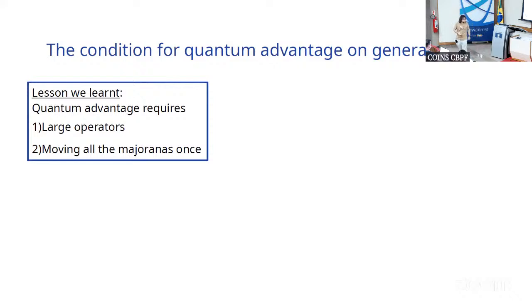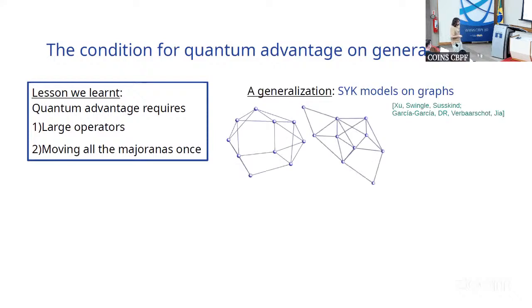So the next question that we addressed is, I also contributed a little bit, but the original idea was from Brian Swingle. We know that you can deform the SYK model and consider SYK models on various kinds of sparse graphs. So again, you remember, the SYK model can be thought of as a model of Majoranas living on a complete graph.